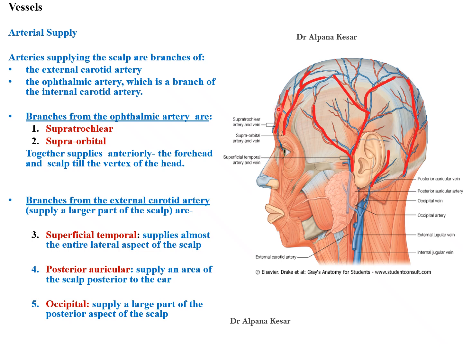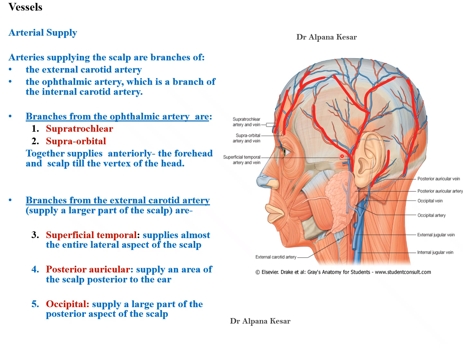Supratrochlear is a small branch close to the midline and supplies blood to the medial region of the forehead. Supraorbital is more laterally placed and a much larger artery as compared to supratrochlear and contributes to the blood supply to the forehead and the anterior part of the scalp as far as the vertex.